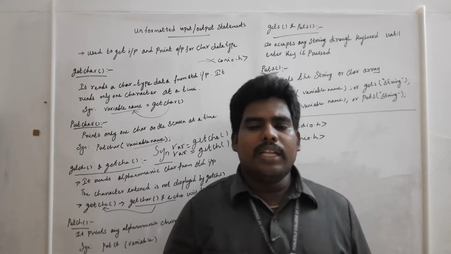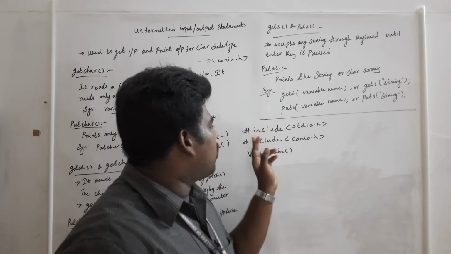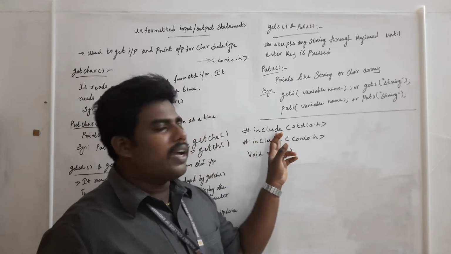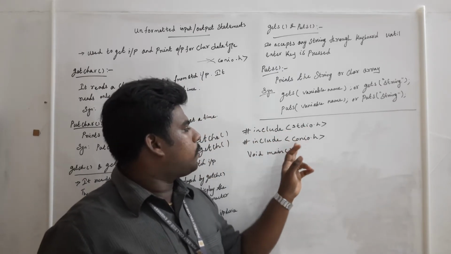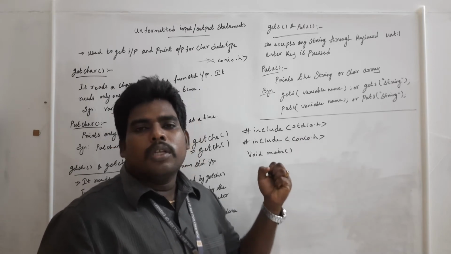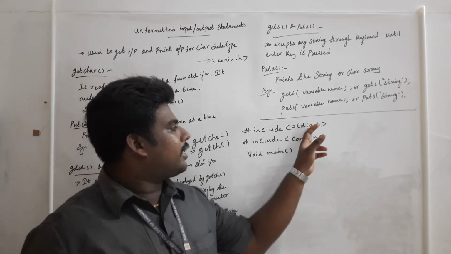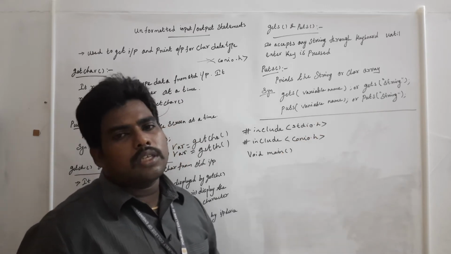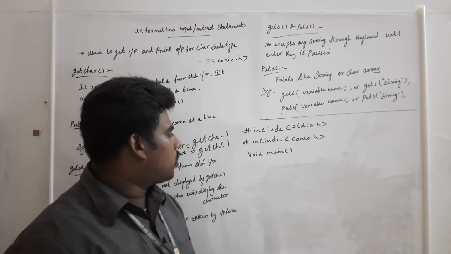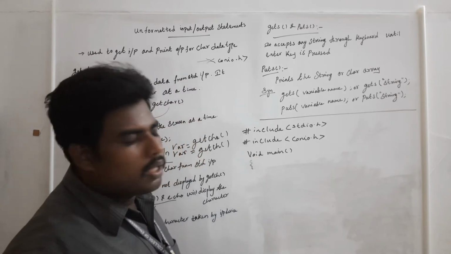I will give you one example so you will get a clear idea. First I wrote the header files, standard input output as well as console input output. So in your program you are linked with all the predefined functions related to standard input as well as console input output. Then void main is the starting position of your program.